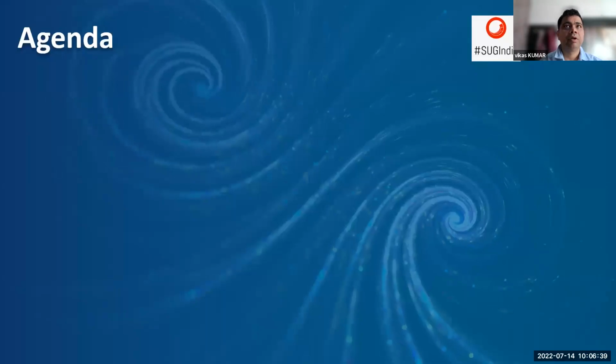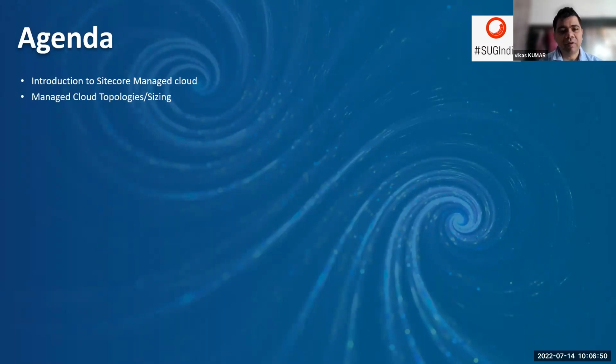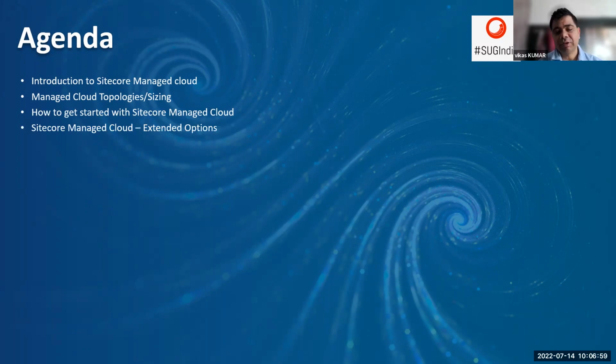Great intro. Obviously everybody is excited about the agenda. What would be the agenda? Obviously a small discussion about Sitecore Managed Cloud, and how you decide the sizing of the managed cloud, and then what's required to move to the Sitecore Managed Cloud, and some other options.